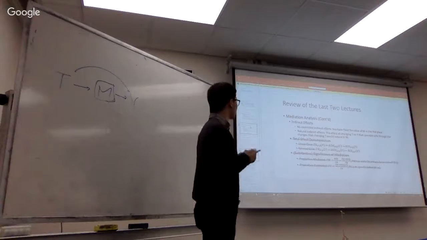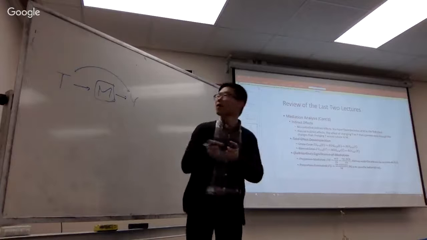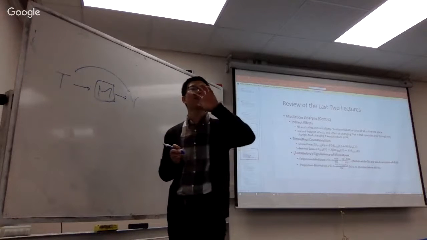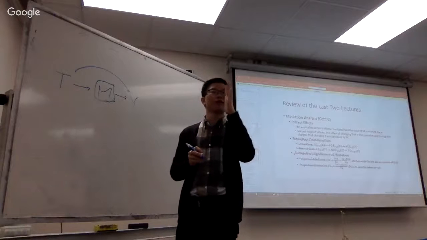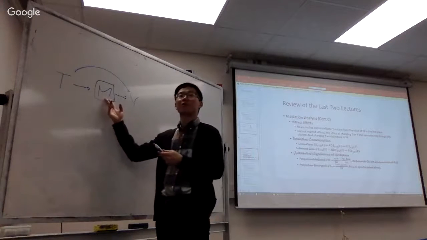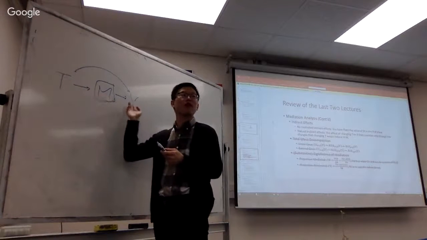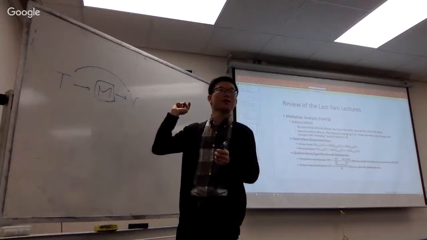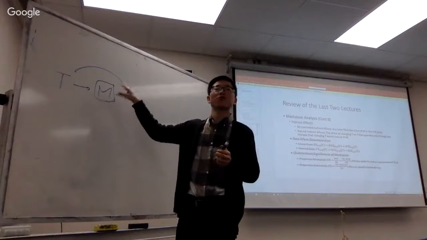You control for M by fixing the value of M that is the same for everybody. So there's no variation whatsoever right here. So you cannot identify the indirect effects, or there's no controlled indirect effect.